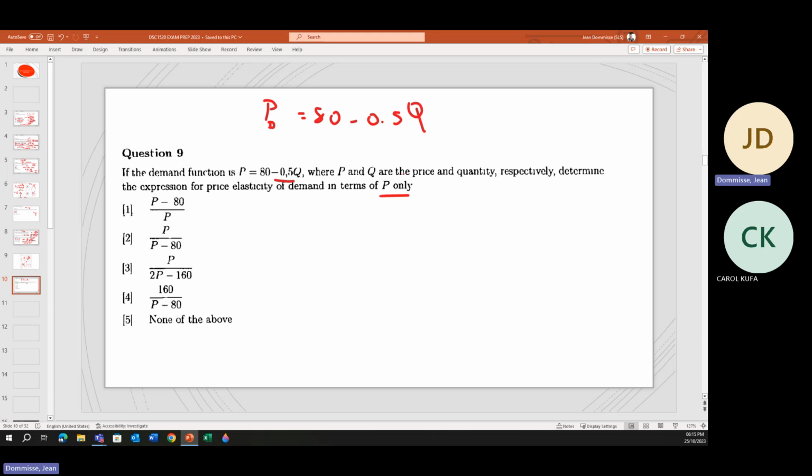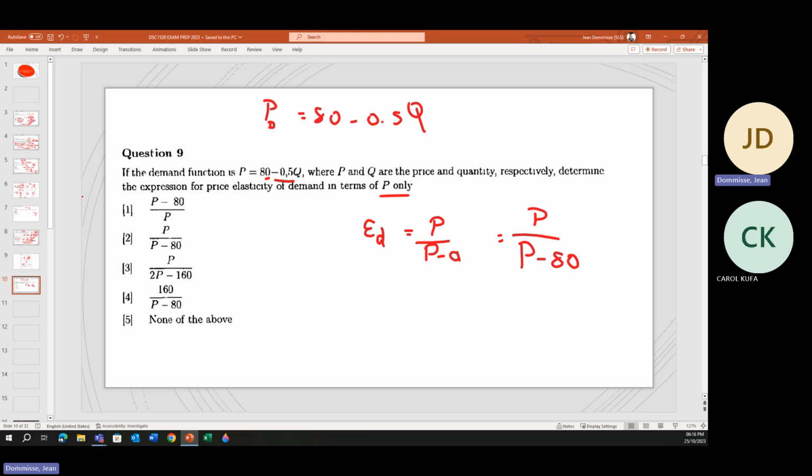Okay, so price elasticity of demand. Normally, remember this equation. Okay, so we have P over P minus 80.